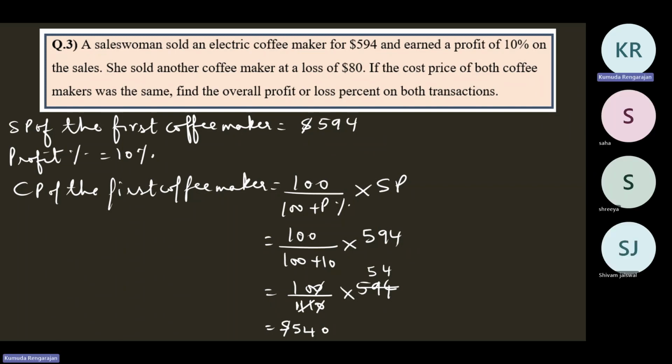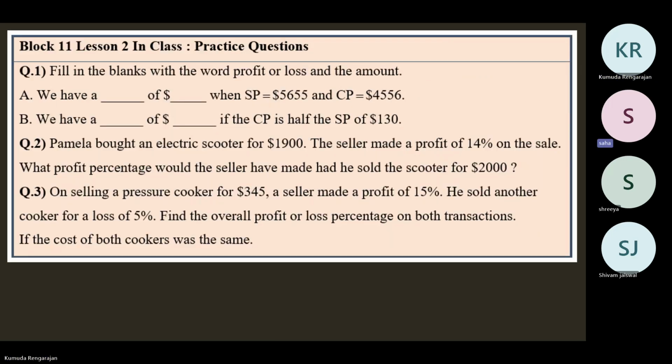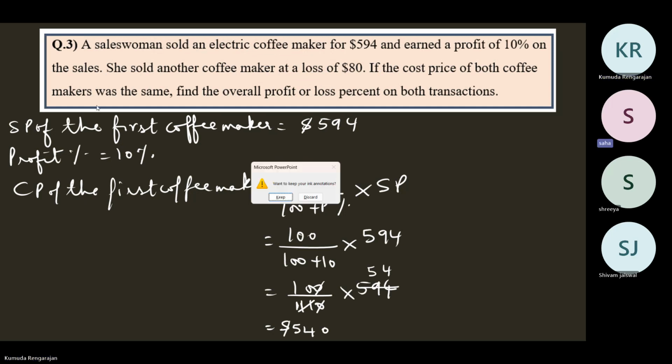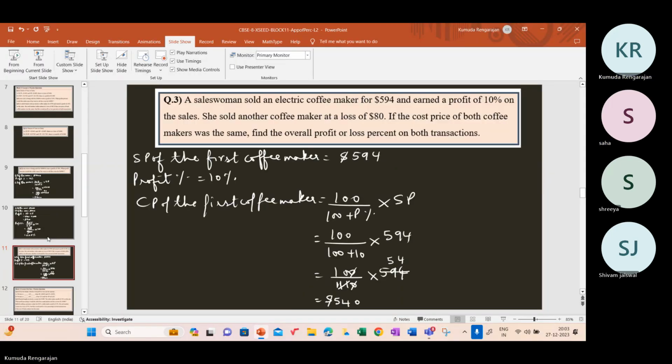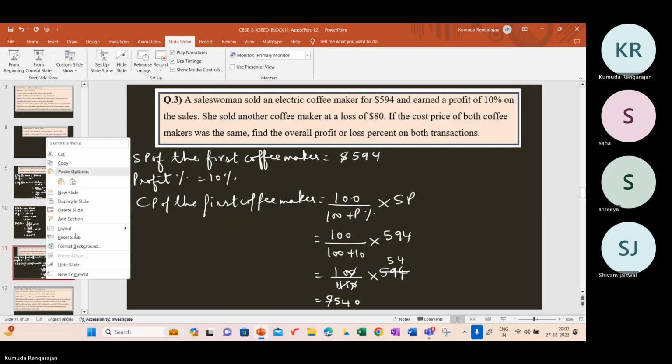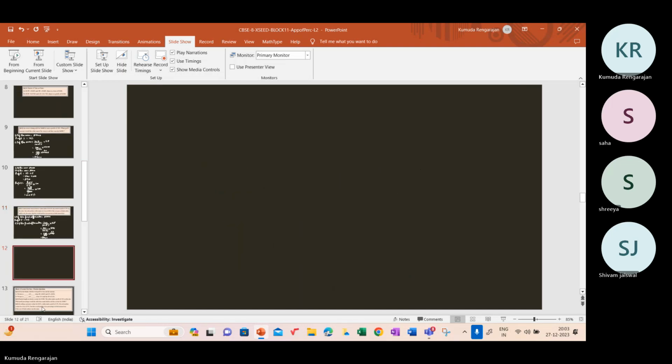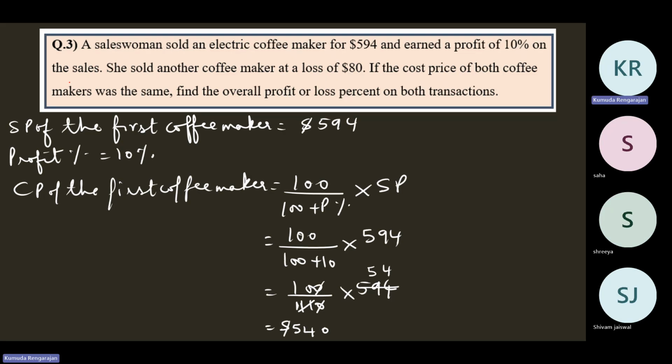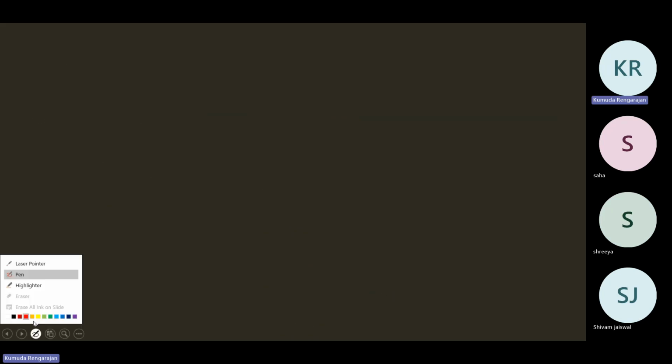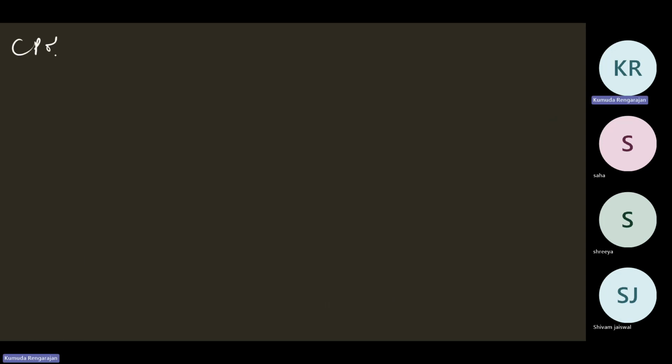She sold another coffee maker at a loss of $80. The CP of the coffee maker is $540.